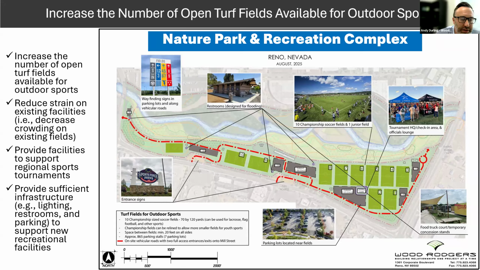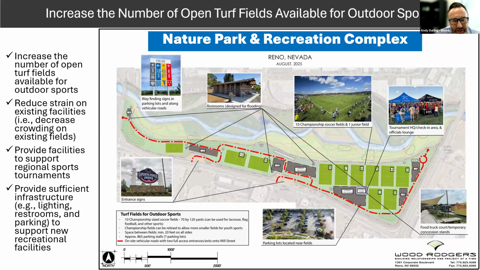This would increase the opportunity for open turf fields for outdoor sports, helps reduce strain on existing facilities in our region, and provides facilities that could support regional tournaments, soccer, lacrosse, things like that, while at the same time providing sufficient infrastructure like lighting, restrooms, and parking to help support those recreational facilities.